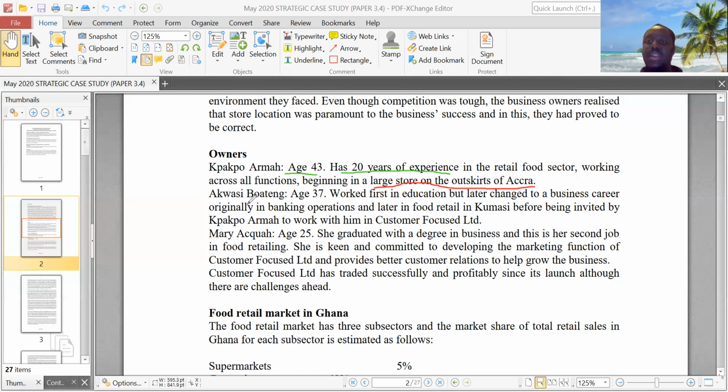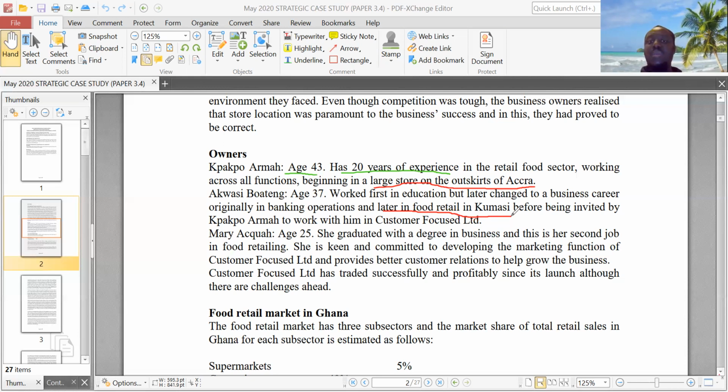Initially he began in education, then worked in banking for a while, then got some experience in food retail in Kumasi. So probably he can bring some learnings from Kumasi to Accra, but markets are different and the customer characteristics in Kumasi might be different from Accra. So even though he's worked in the food retail space before, the Accra market might be a bit different to him.